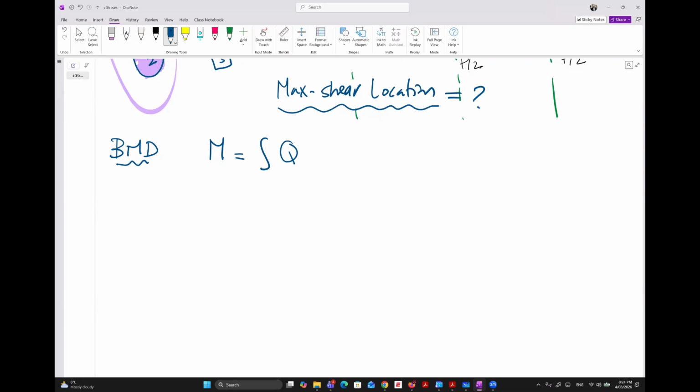Have you heard about integration before? Not that I recall. No. Okay, no worries. So in simple words, the moment is the area of shear.